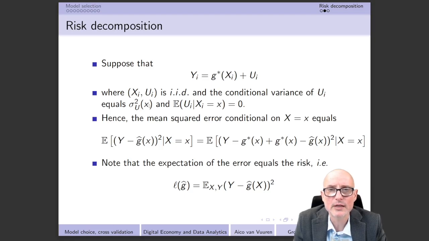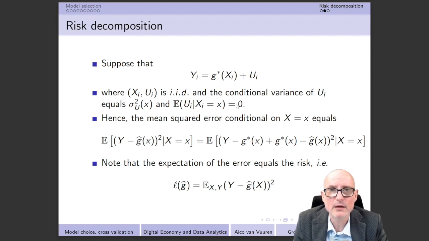The only assumption I actually make here is that this thing exists, but I do allow for heteroscedasticity because it does depend on this x. Finally, I'm going to assume that ui and xi are uncorrelated, which means in fact that the mean of ui conditional on xi equal to x must be equal to 0.